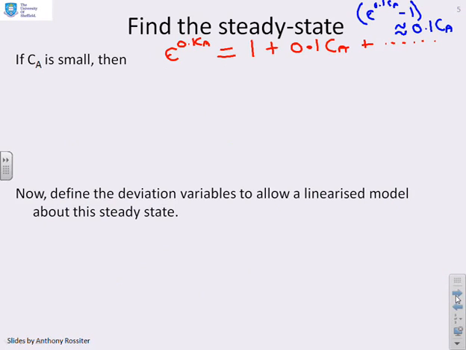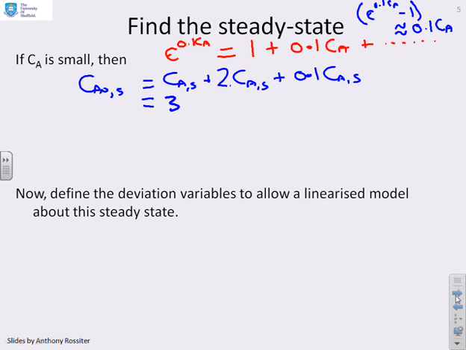So what I can do now is rewrite my steady state, and I'm going to get CAOS equals CAS plus 2 CAS plus 0.1 CAS, or in other words 3.1 CAS.